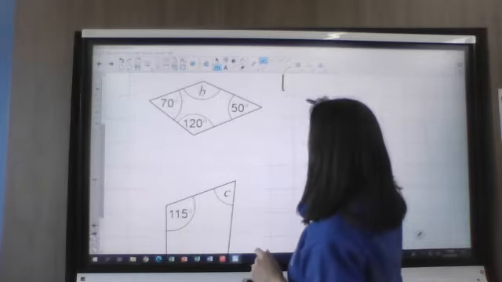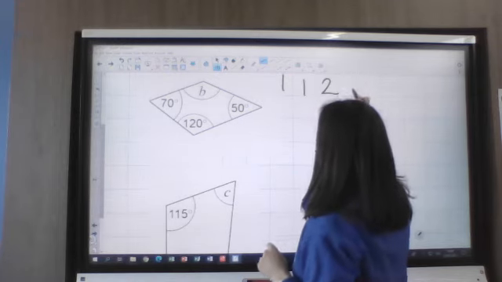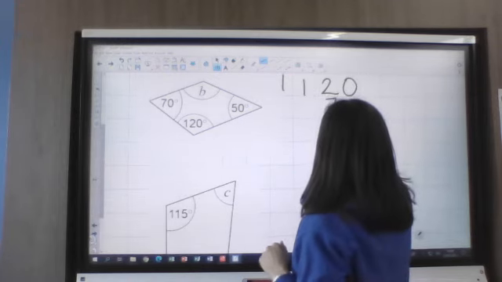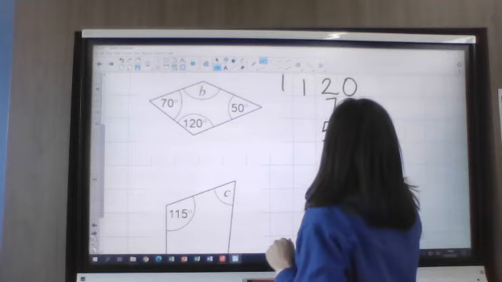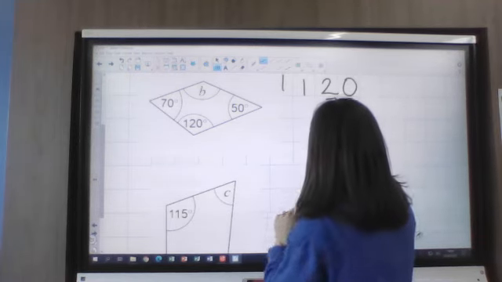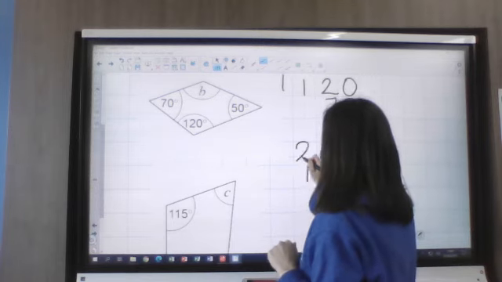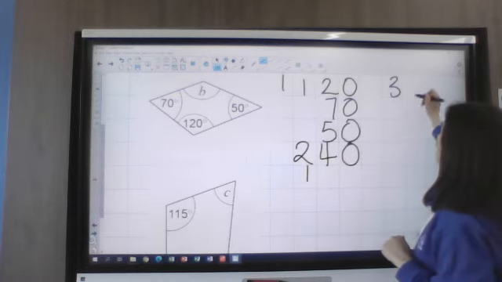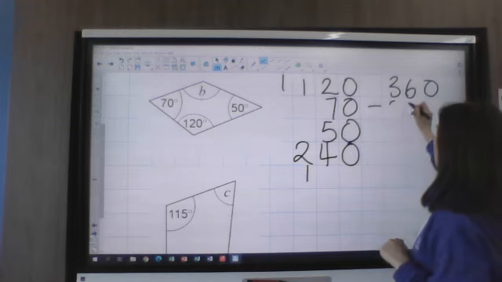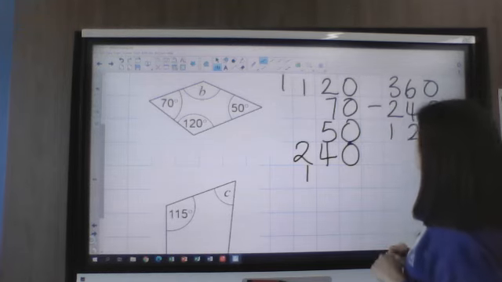So the first job is to add 120, add 70, add 50. So 7, 8, 9, and that would be 14. 1 add 1 is 2, and then I do 360, take away 240. And that would give me 120.